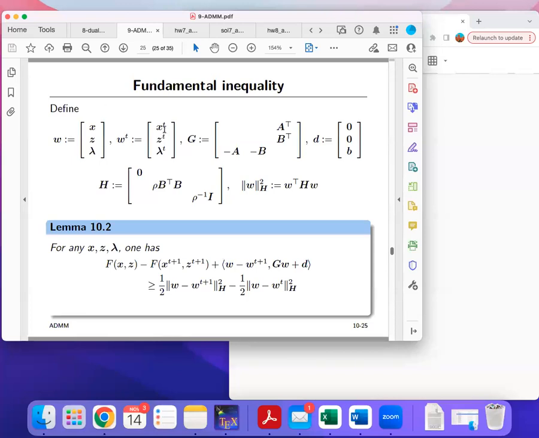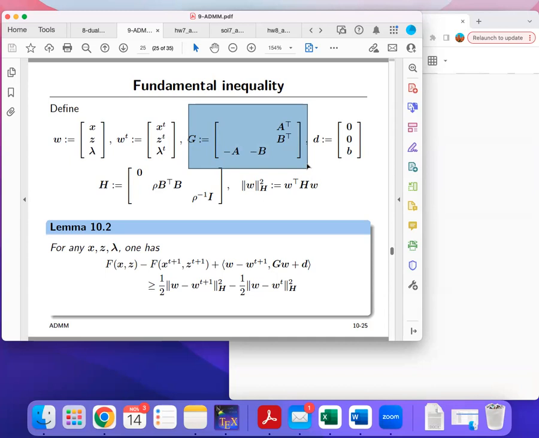So here we introduce this omega, which is a concatenation of all these 3 vectors. So omega t is basically xt, zt, lambda t. Okay. And then we will define these 3 different block matrix and block vectors. So G is such a block matrix where all the other blocks are just 0.